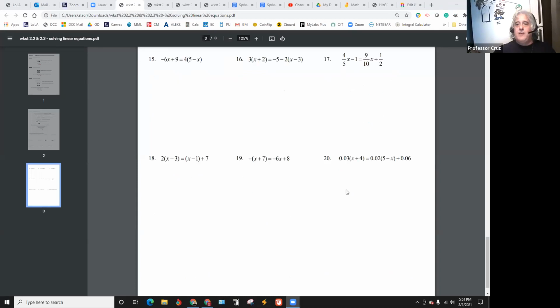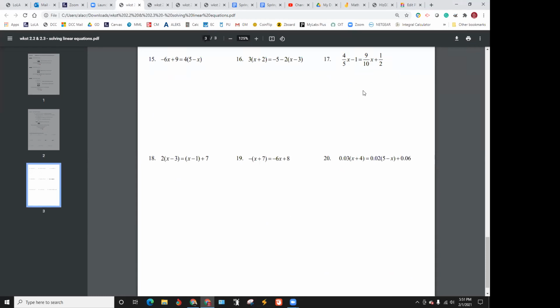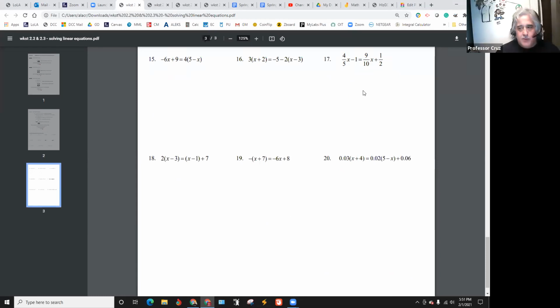All right, now 15 and 16 should be pretty straightforward. And then when you get to this one, I'll just kind of give you a hint right here. If you don't like working with those fractions, what you can do is, if you multiply by the least common denominator of those three things, you will lose all your fractions.